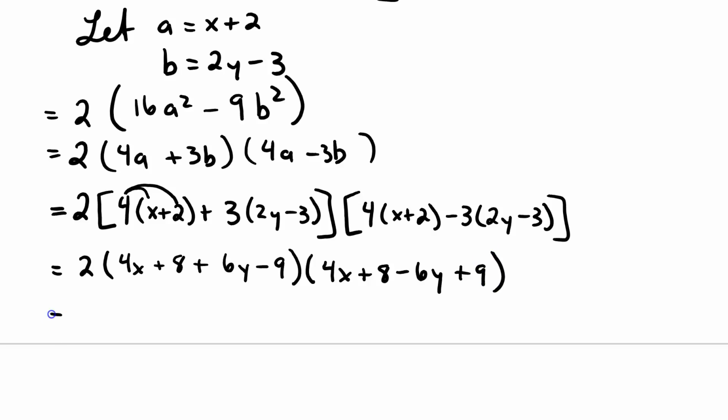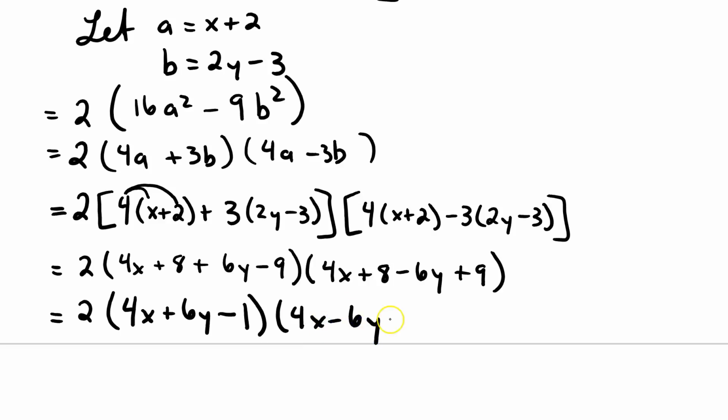And we can do a little bit of cleaning up here. 2 times 4x plus 6y, 8 minus 9 is minus 1. And then our last bracket is going to be 4x minus 6y, 8 plus 9 is plus 17. And we're done! Whoa, look at that.